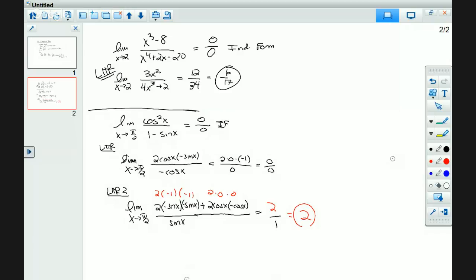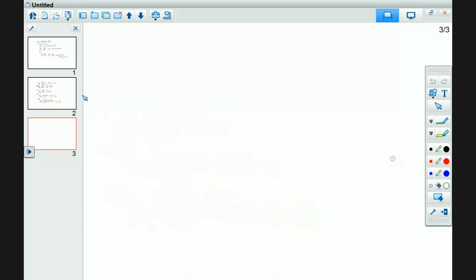All right, let me show you one that we can't use L'Hopital's rule on, and then we'll be done. So why does it not work for this one? Some people are very tempted just to take derivatives now. Why can't we use L'Hopital's rule? That's not indeterminate.